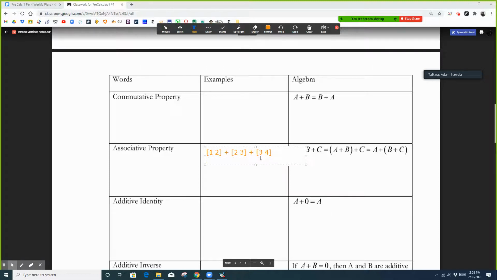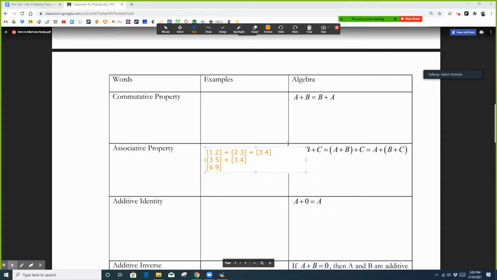I could add these first two matrices first, and that becomes 3 and 5 plus 3 and 4. So that would be 6 and 9.